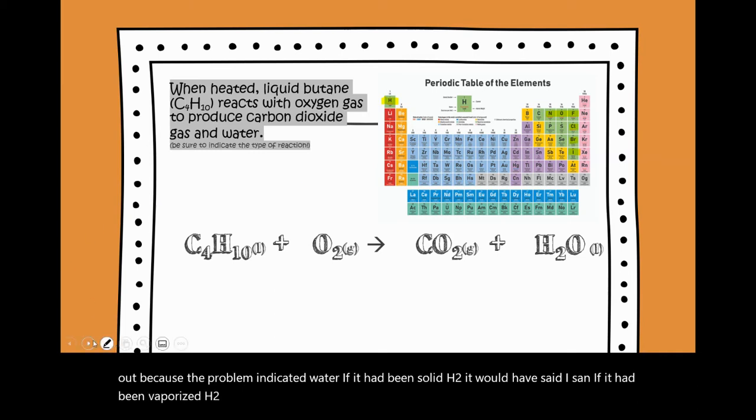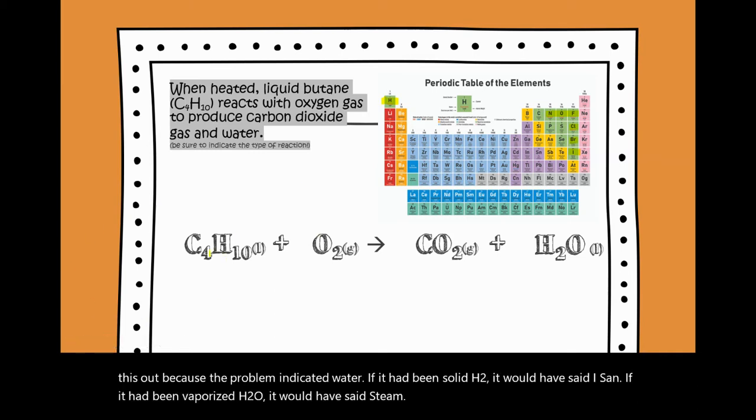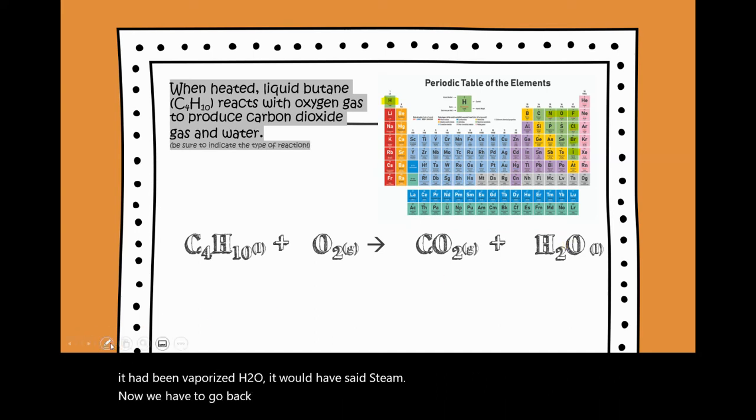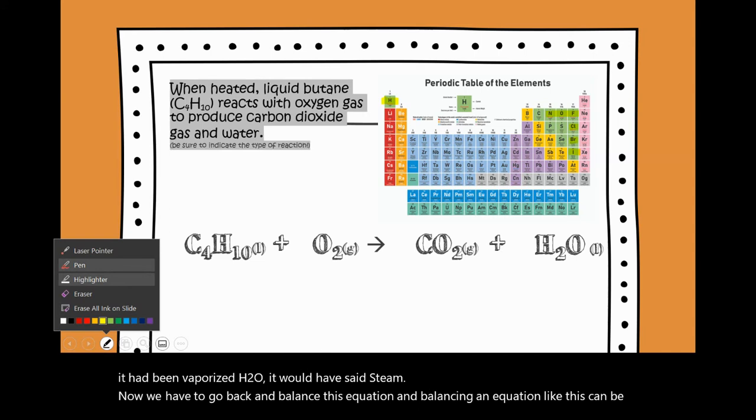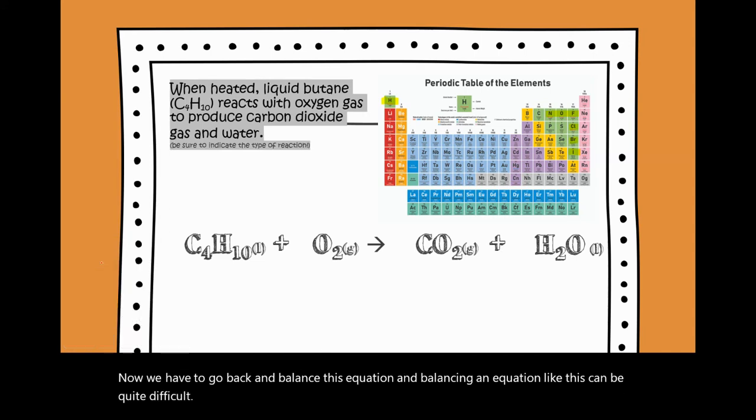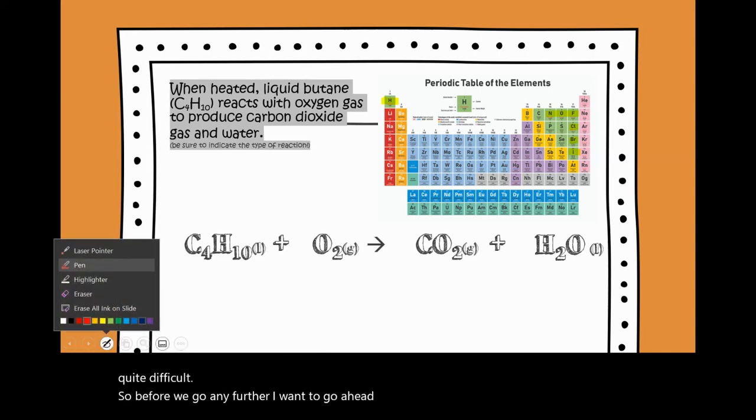If it had been solid H2O, it would have said ice, and if it had been vaporized H2O, it would have said steam. Now, we have to go back and balance this equation, and balancing an equation like this can be quite difficult. So before we go any further, I want to indicate the type of reaction we're working with.